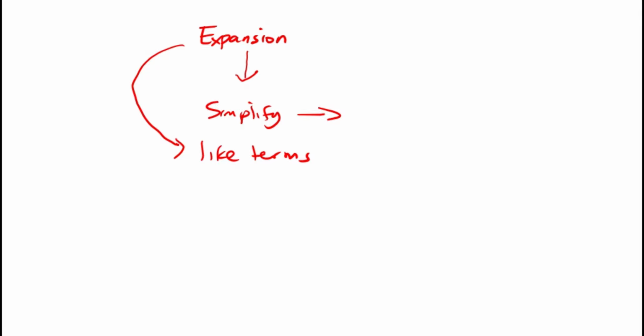The process of grouping all like terms and solving any arithmetic problem in an algebraic expression is what we call simplification. So sometimes you set out to expand an expression and you end up having to simplify in order to give your final answer in a more appropriate expression. So that is what we will be looking at in this lesson.